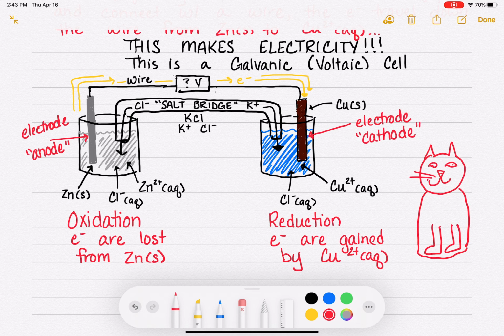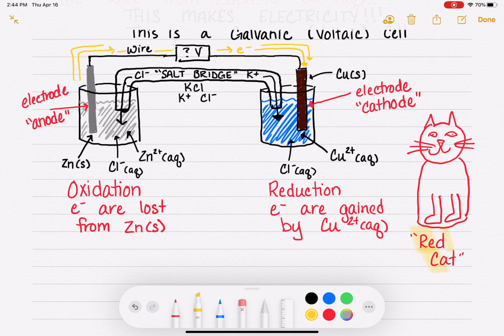It's got whiskers. Red cat helps you remember reduction has the cathode electrode and oxidation has the anode electrode. Red cat, reduction happens at the cathode.